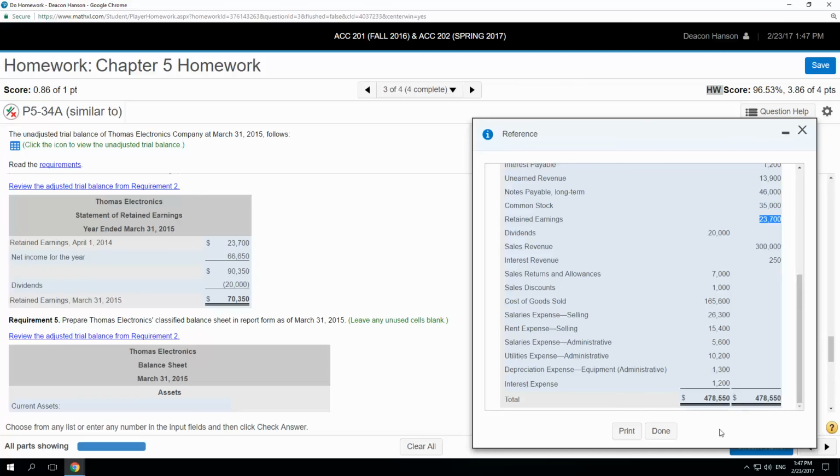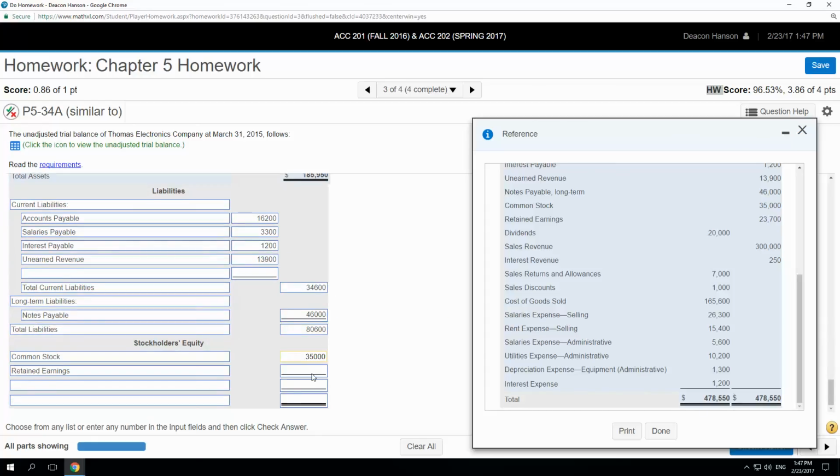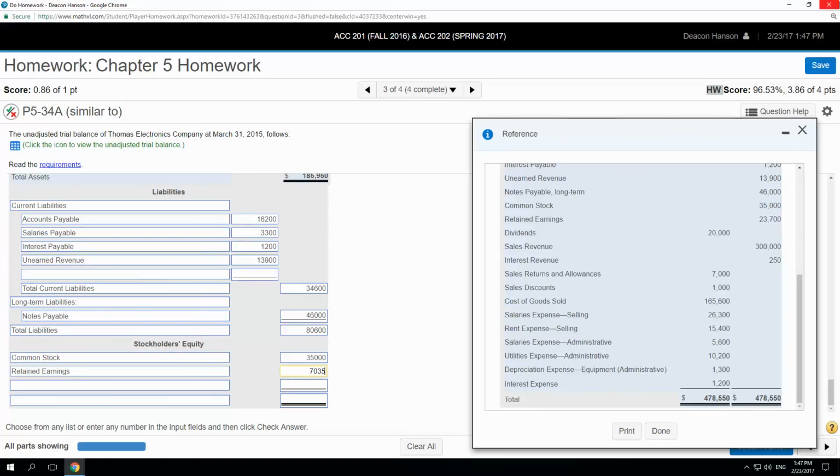So these things are not rolled up into retained earnings yet. That cannot be my ending retained earnings balance. I'm going to go back to my retained earnings statement, and I'm going to pull that ending retained earnings figure of 70,350. That's my ending retained earnings, 70,350.